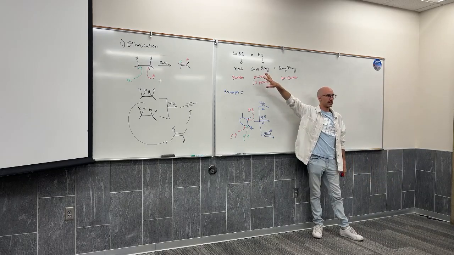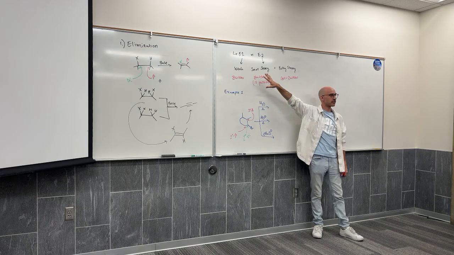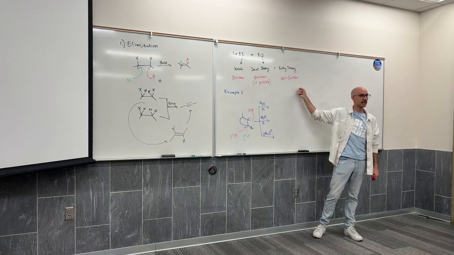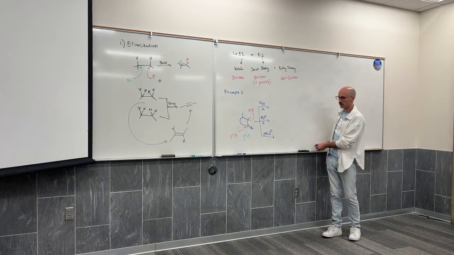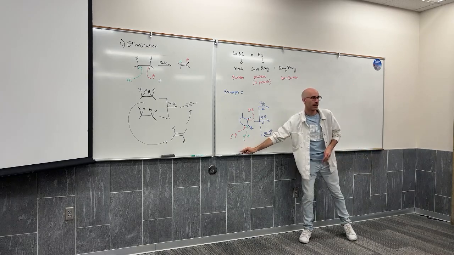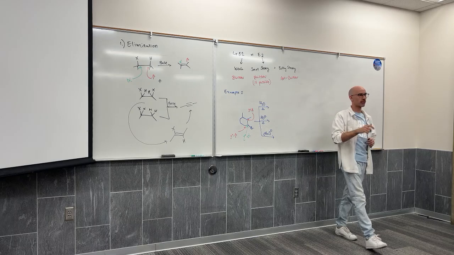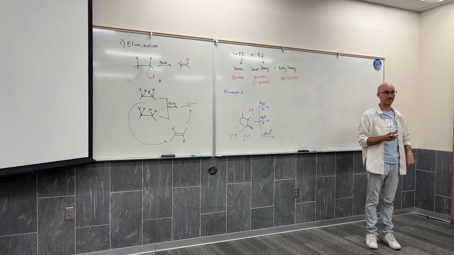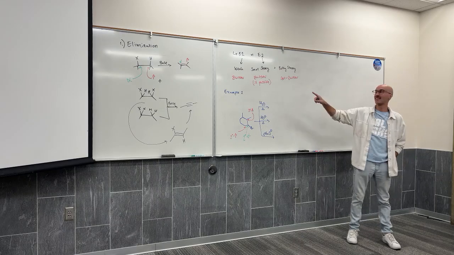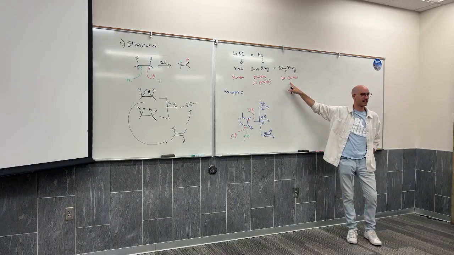Zaitsev gives the most stable, most substituted alkene. Anti-Zaitsev, less stable, less substituted. So on my anti-Zaitsev product, which beta carbon should I form the alkene with? Least substituted.